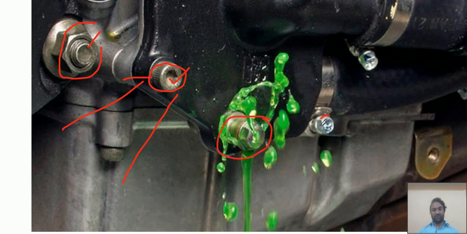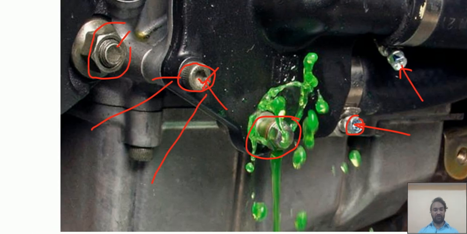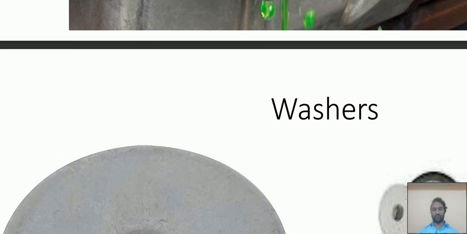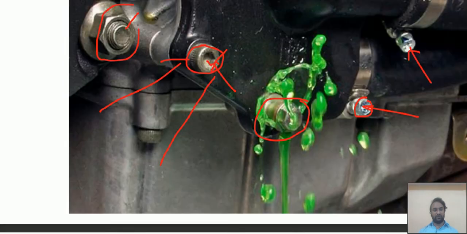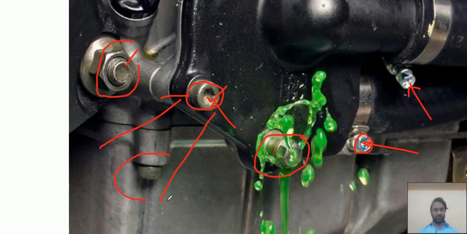Then this one has limited space on the bottom side. So we have to insert the spanner from this side. For this also the spanner from this side, and for this also the spanner from this side. See, a typical application of this nut, the cylinder nut.